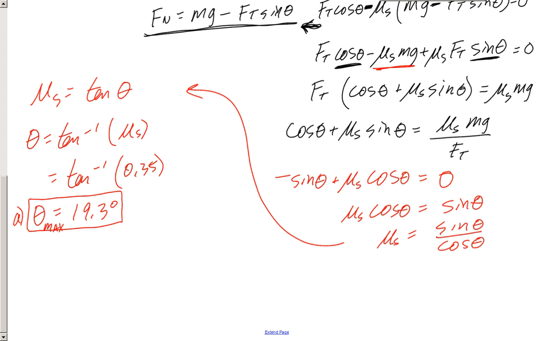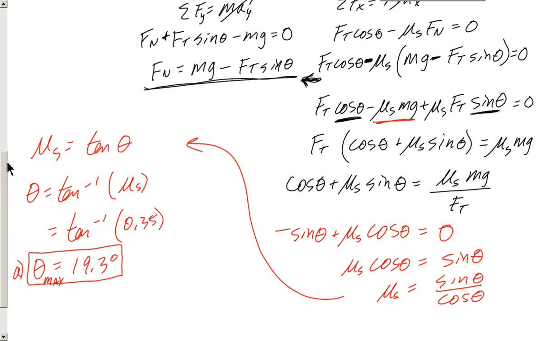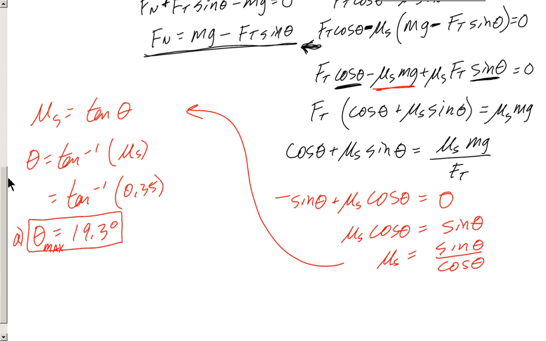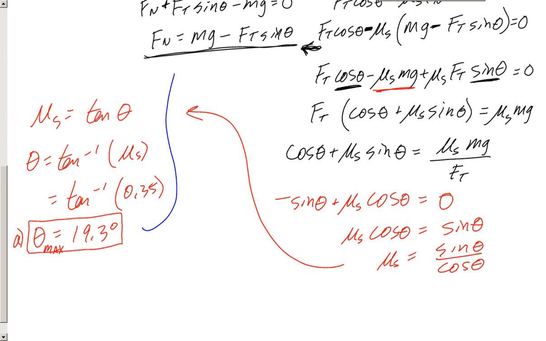Part B then is pretty simple at that point. What we can do then is go grab one of our equations that we had over there on the other side, or in the other part of the problem, and find something that will let us solve for mg. And that looks handy, so we'll say mg then equals Ft sine theta.